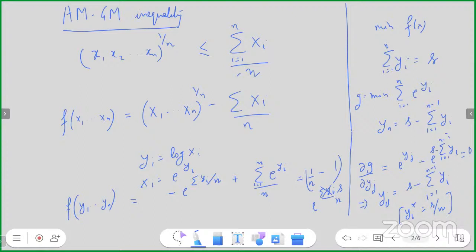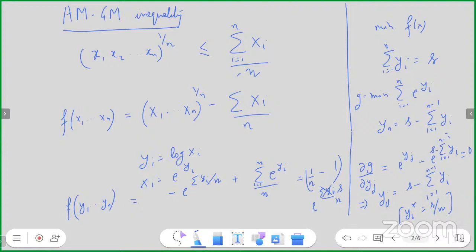The gradient. Everybody agree why I had to do this earlier? Because I did not know how to do constrained optimization with necessary and sufficient conditions. Now that I know that the function is convex and the constraint is summation yi equal to s, I can directly do it.